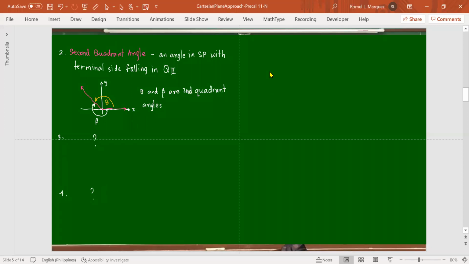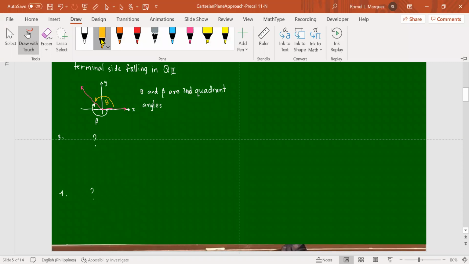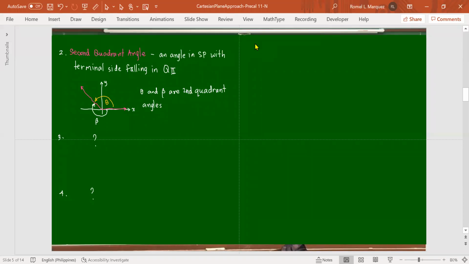So from this, we are now ready to define the 6 trigonometric functions. A question? You still have questions, guys? So we are now ready to define the 6 trigonometric functions of what? Of any angle.